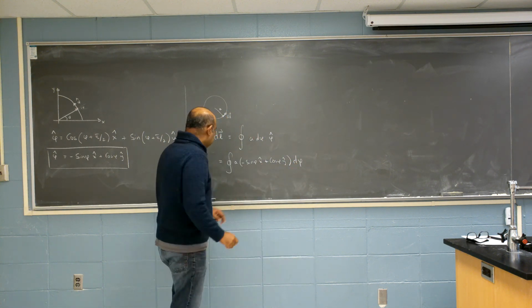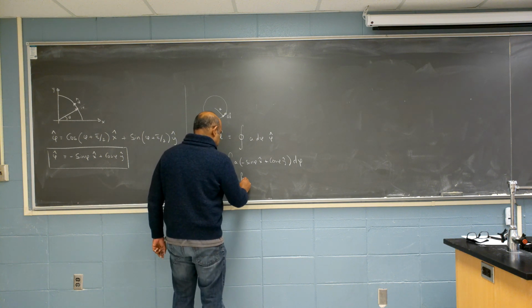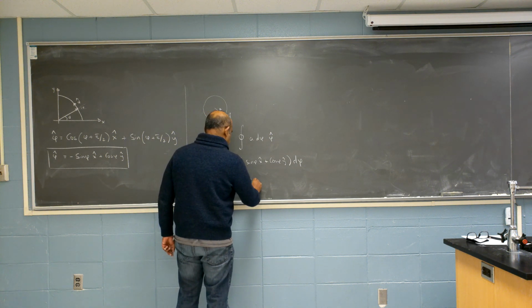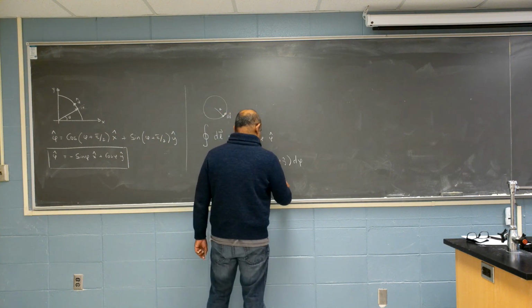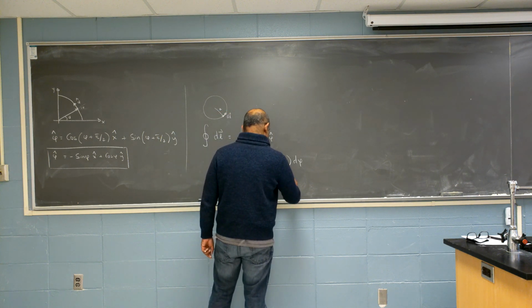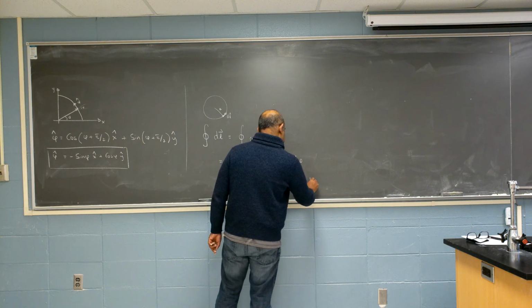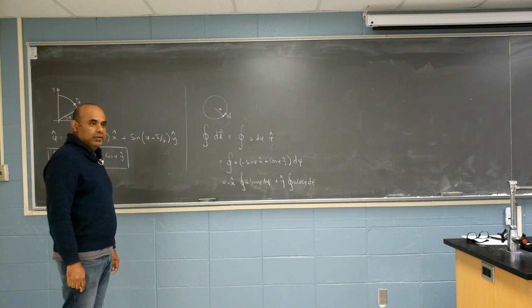Now, I can bring the x hats outside. Why is that? It doesn't depend on? It doesn't depend on? Yeah, if you integrate sine and cosine of phi from 0 to 2 pi, you're going to get 0.